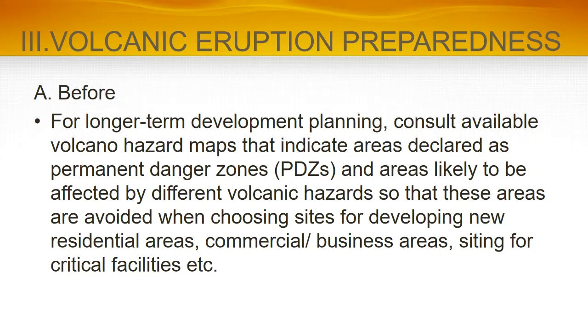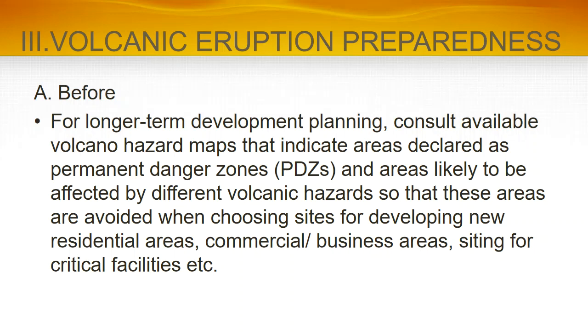First one is, for longer term development planning, consult available volcano hazard maps that indicate areas declared as permanent danger zones and areas likely to be affected by different volcanic hazards, so that these areas are avoided when choosing sites for developing new residential areas, commercial or business areas, siting for critical facilities, and others.